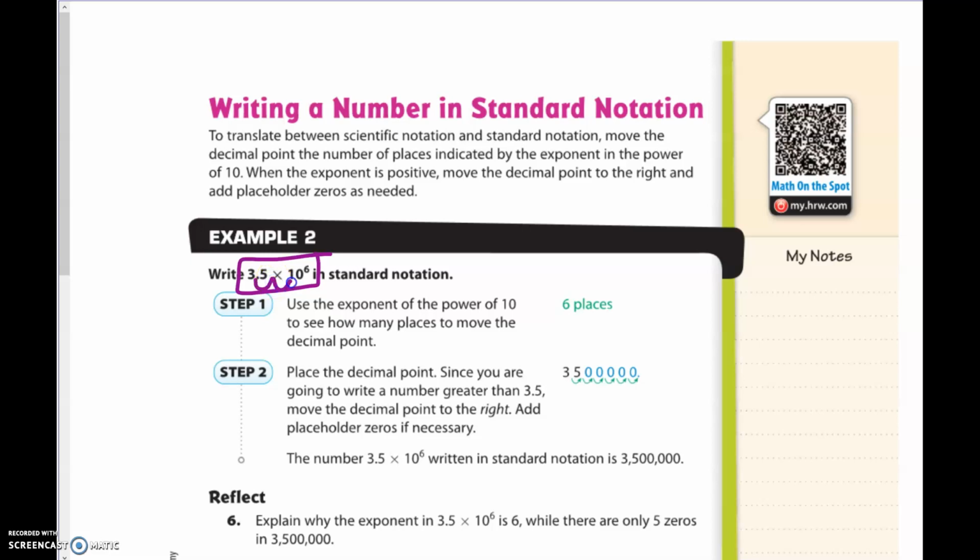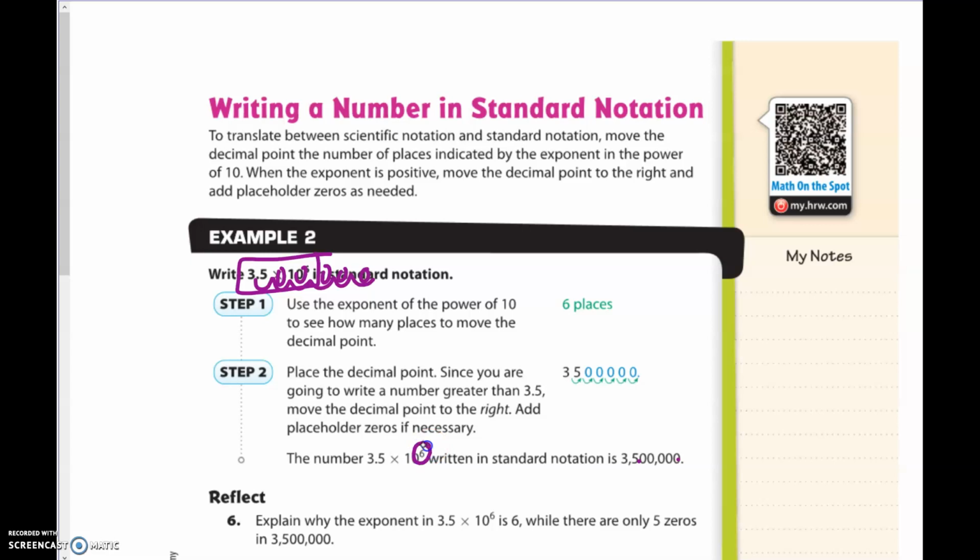Then you have to go 2, 3, 4, 5, 6, and you fill all the rest of these loops in with zeros. So you can see right here they added in all the rest of the zeros, and so we get the number 3,500,000.